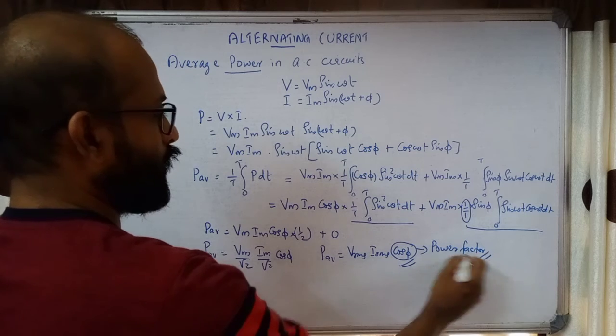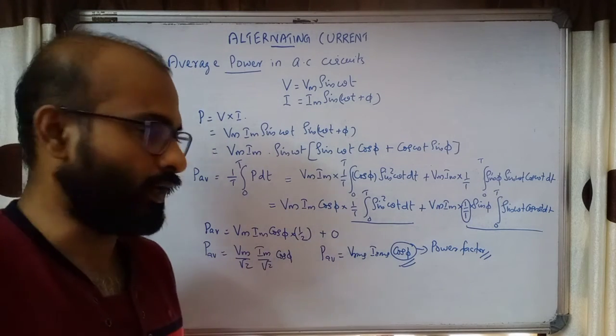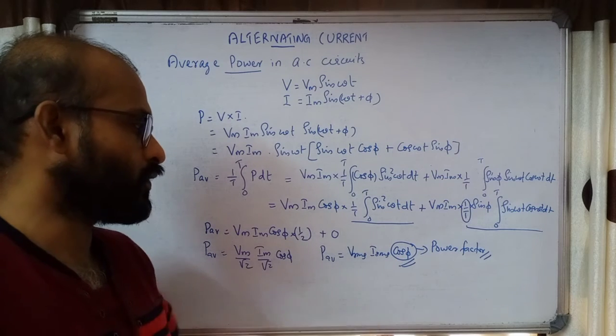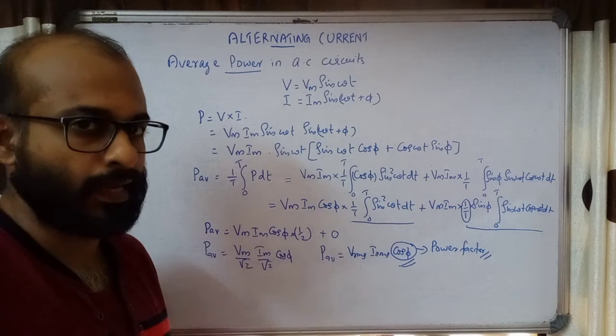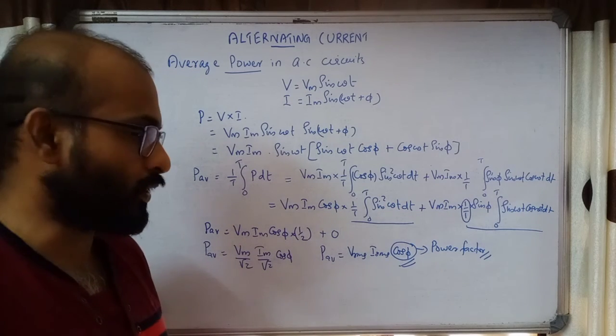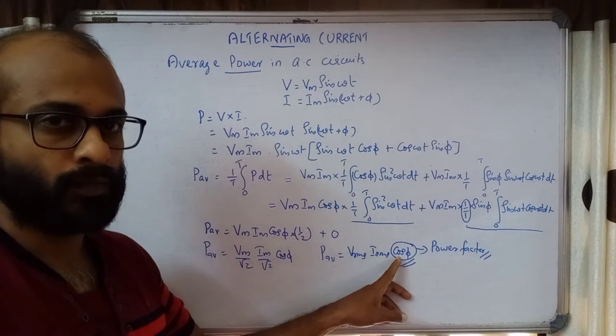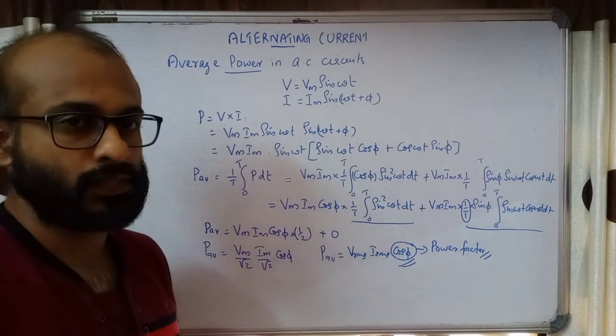Depending upon the value of the power factor, the average power will have different values. In some cases cos φ will be 0, meaning the phase difference between current and voltage is 90 degrees. For a pure inductive circuit or pure capacitive circuit, φ is π/2, so cos 90 is 0, and the average power is 0.